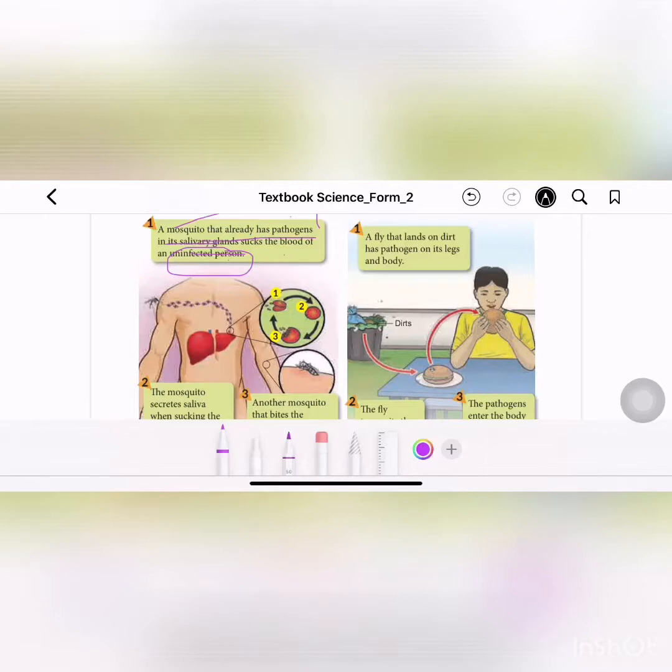Okay, so let's say person A already got the virus inside, and then the mosquito will bite person A, and then this mosquito will fly around and bite person B. Let's say this is B. This B person is bitten by the mosquito that already has pathogen, meaning that already has the virus, so the B person also will get infected.